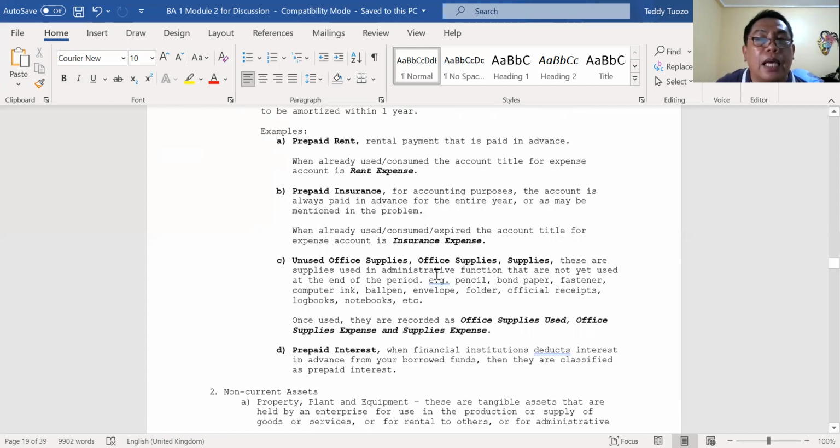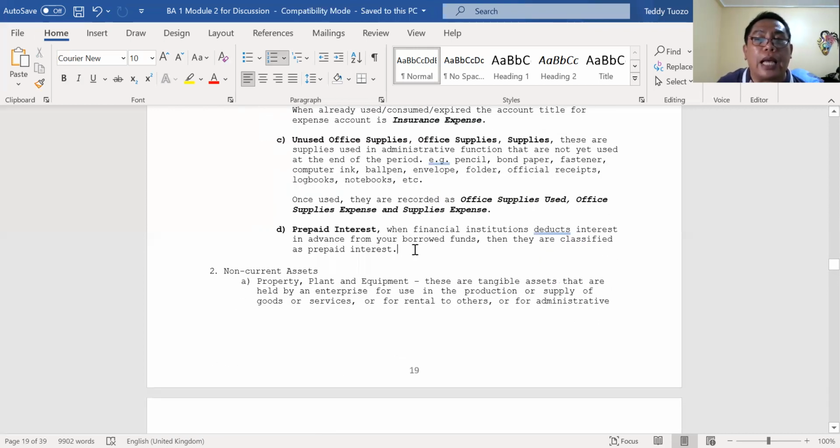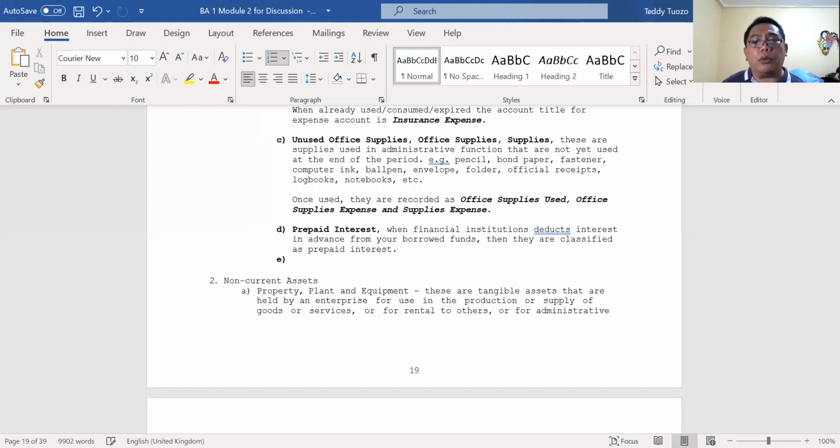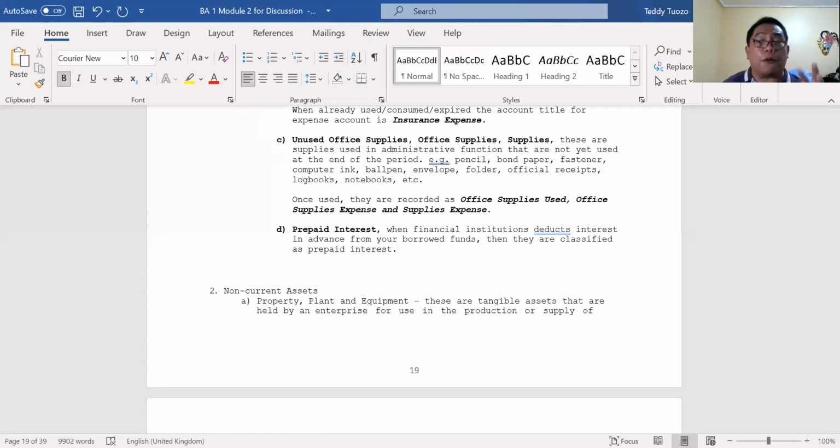Then prepaid interest, it is the same as above. When you borrow funds, the lender collects or deducts the interest in advance for one month, or sometimes 3 months or 5 months, depending on the lending institution on how many months they collect in advance.